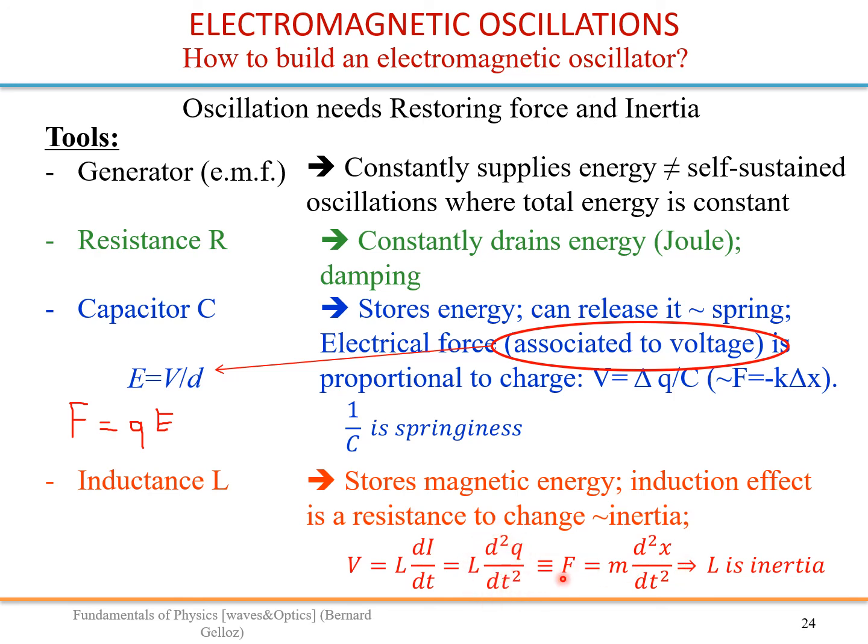So now you see again the analogy: force, voltage, and X and Q. In this case, L is the inertia for an electrical system. So we need only to couple together a capacitor and an inductance to have a simple electrical oscillator.